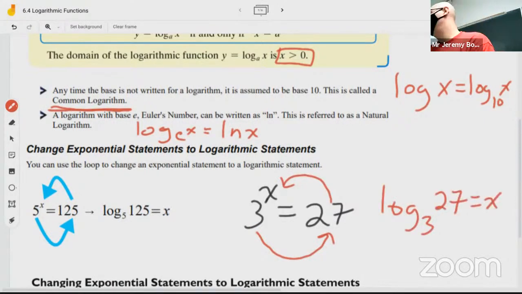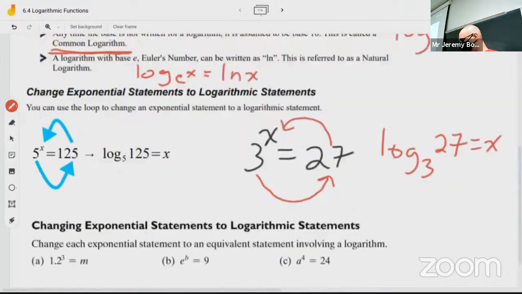And that's how you switch it to and from. Well, I guess from exponential to logarithmic. We haven't figured out the other one yet, but we'll talk about that later. Any questions on that?